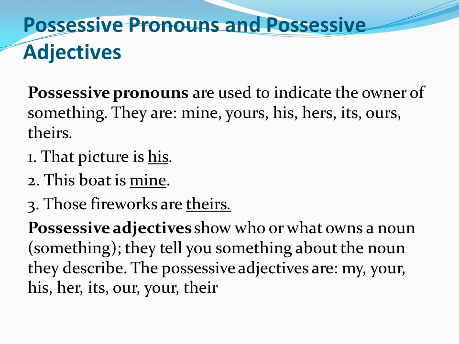For instance, my book. Book is the noun and my is the possessive adjective describing the book. Your house. House is the noun and your is the possessive adjective describing the house.